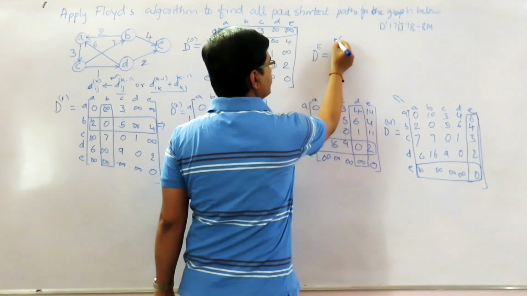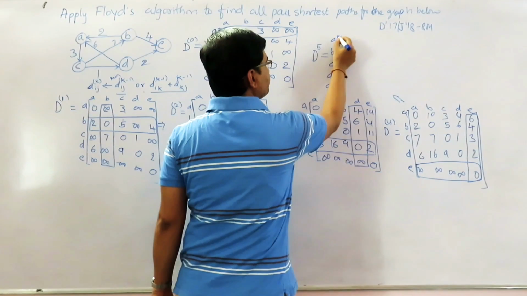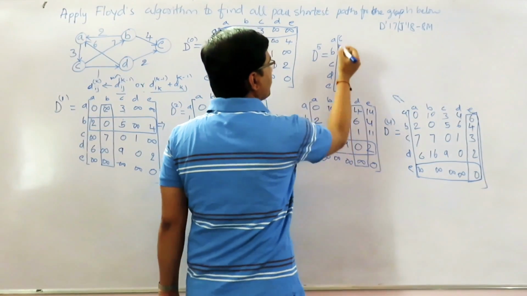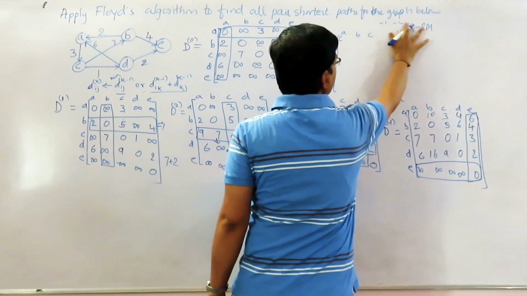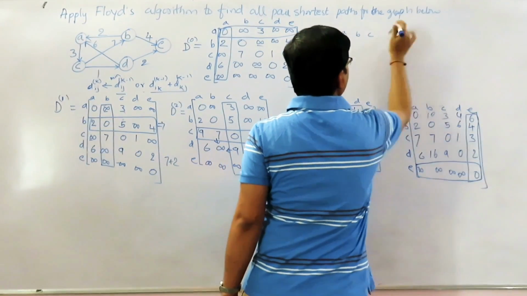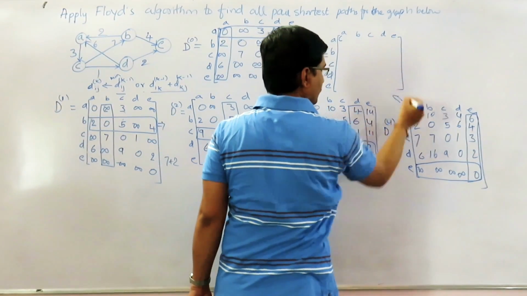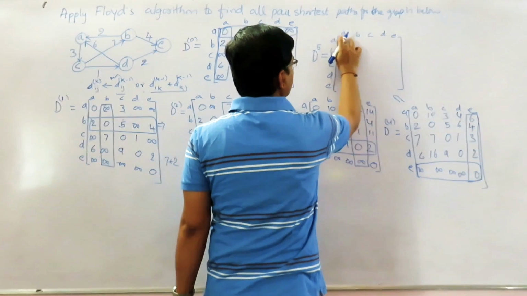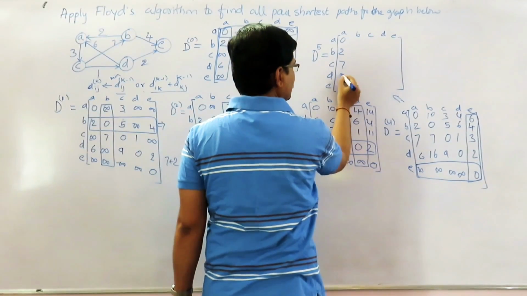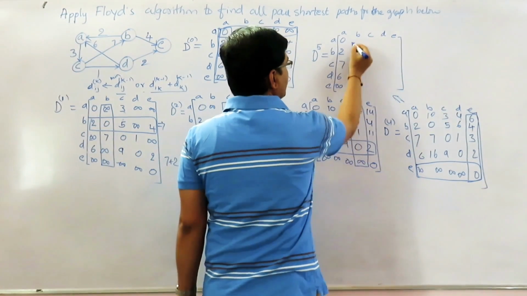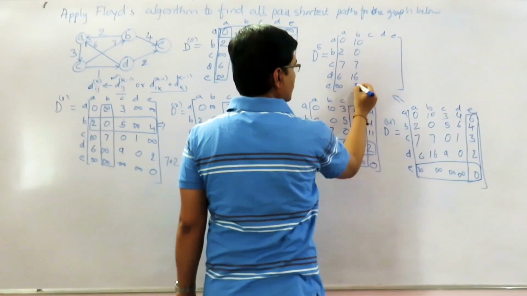So it is A, B, C, D, E. Row A: zero, 2, 7, 6, infinity. Row B: 10, 0, 7, 16, infinity.